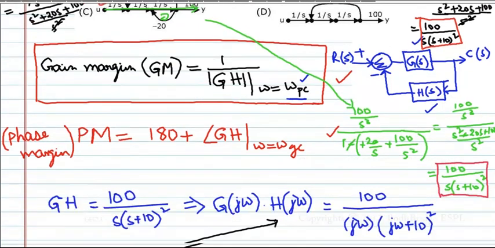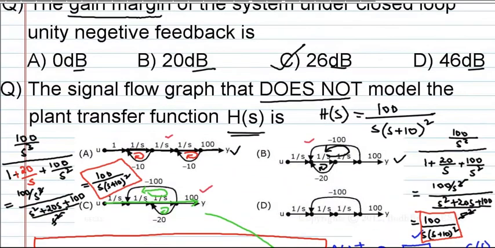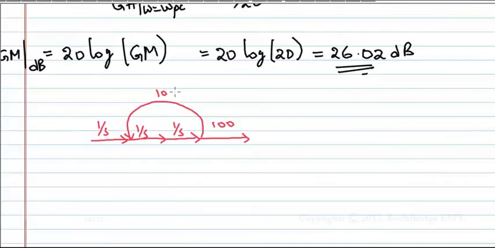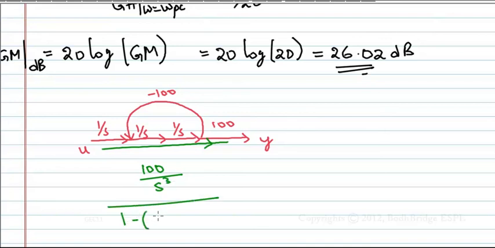I'll redraw the fourth one, that is better. Here he has given something like this: 100, 1 by s, 1 by s and 1 by s, and from here a loop of minus 100. This is u, this is y. Mason's gain formula says: first the forward path gain, 100 by s cube, divided by 1 minus the individual loop gains.